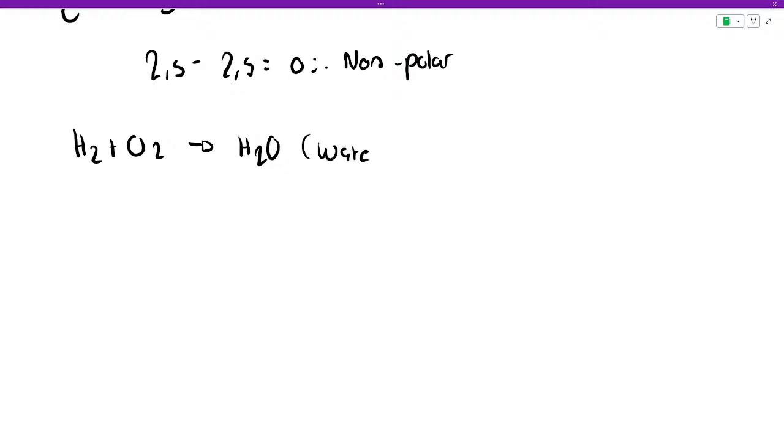Now, the question is, how was this thing formed? So you would have to do it like this. Hydrogen has 1, hydrogen has 1. Oxygen has 6.